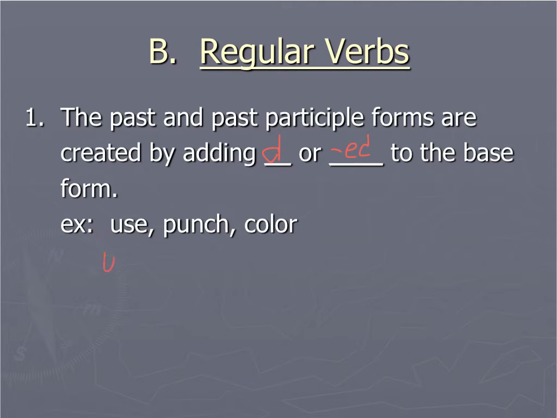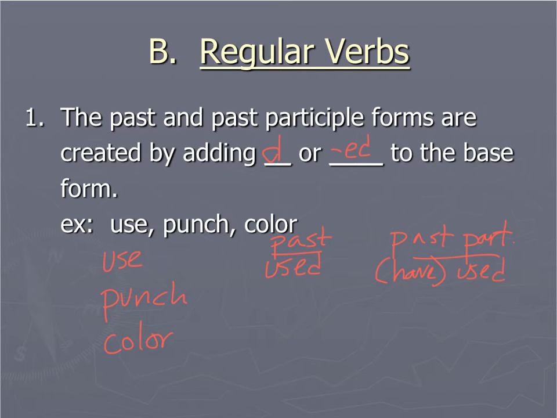So if we take these 3 verbs like use, punch, and color, if we want to form the past, let's say the past participle, okay, to form the past, we just add a D because it already ends in E, and then the past participle has any form of have in front of it, so we're just going to say have used.